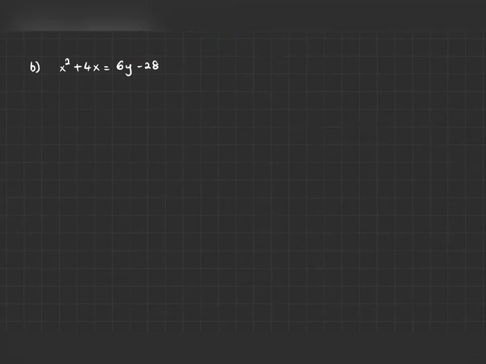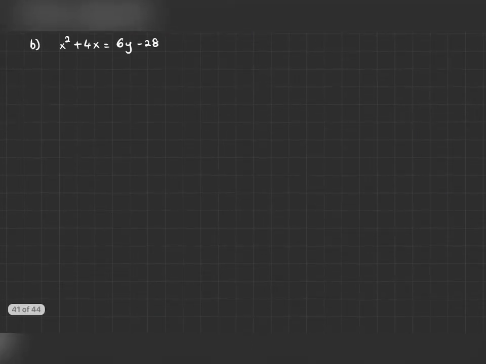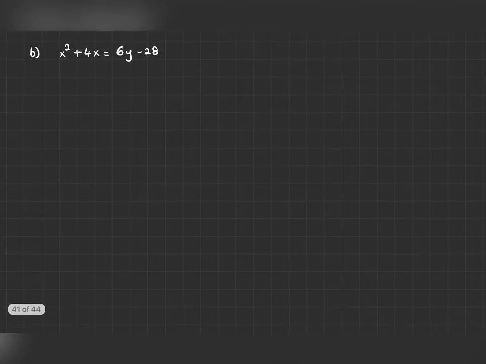Now let's look at question B pula. Okay, so untuk soalan B ni, dia dah asingkan y belah kanan dan x square dan 4x kita belah kiri. So yang mana ada power of 2, yang itulah yang kita akan completing the square kan dia. Okay, so kat sini dia dah asingkan, so senanglah kerja kita.